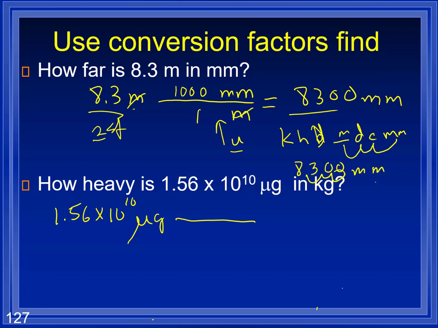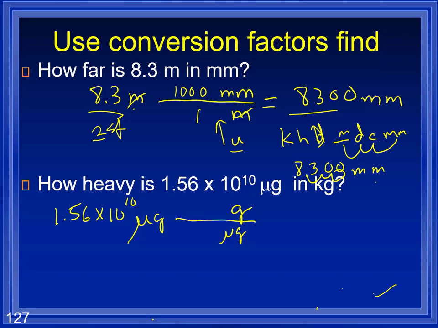What unit do I want to get rid of? Well, that would be micrograms. What can I turn micrograms into? Well, micrograms has a prefix, so I can get rid of that prefix and turn it into grams. Which is bigger, a microgram or a gram?